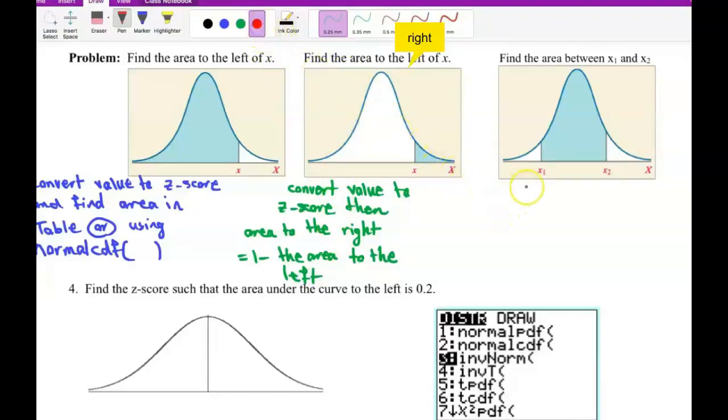Okay, now on this one we have x1 and x2. That means that we have two z scores. Again, since we have value, first convert to find z score.